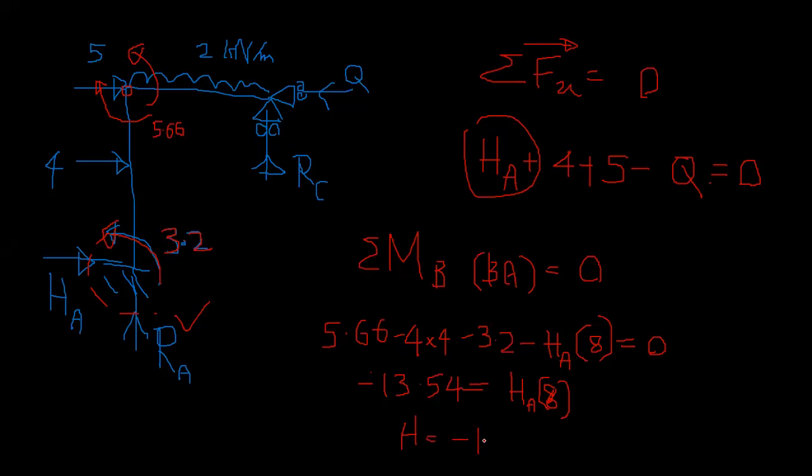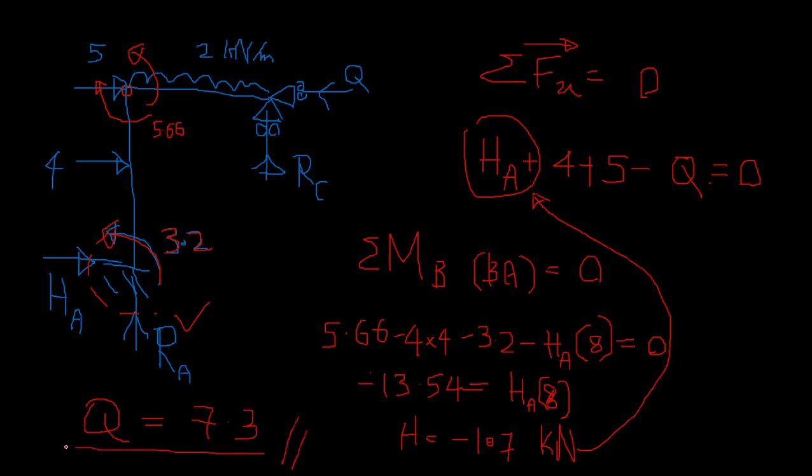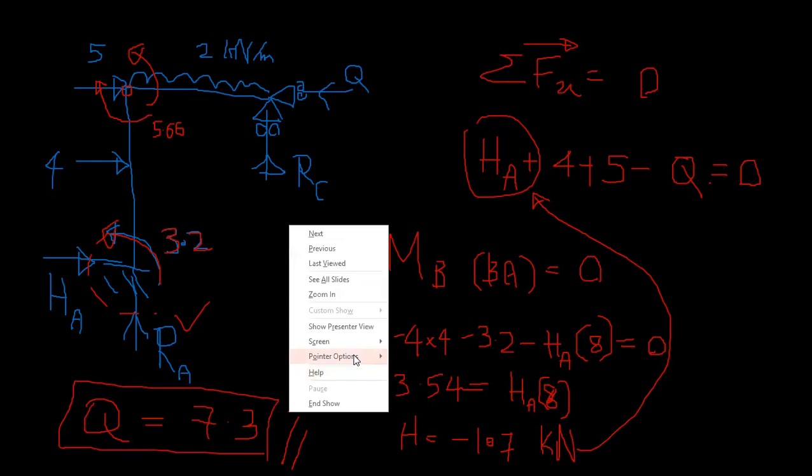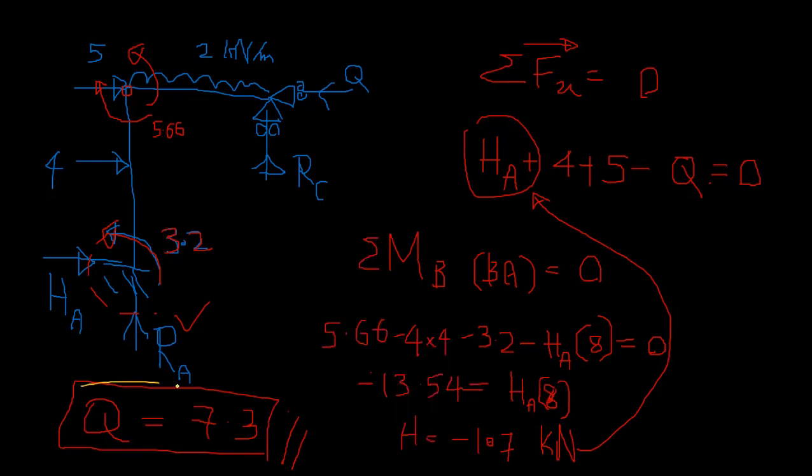So I would say it is minus 1.7. If I apply this to the equation, it's going to be 9 minus 1.7, so your Q value is 7.3. This is the correct Q value under your external loading. So we found the Q value.